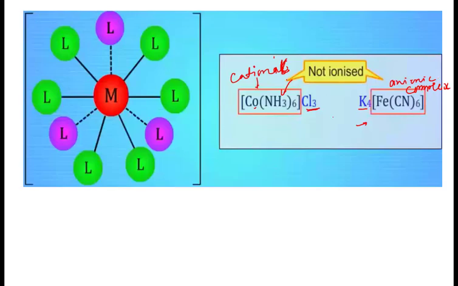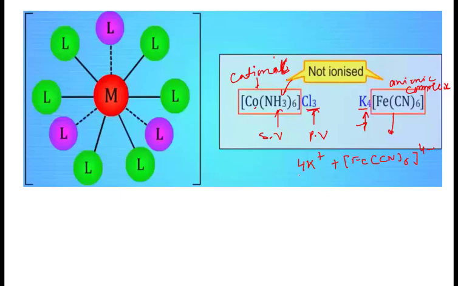right? So which one will be the primary valency? In this case, these 3 Cl negative ions, after dissociation they will constitute primary valency, and the 6 NH3 will constitute secondary valencies. In the same manner in this complex, K4 is the ionizable part, or this species will dissociate as 4K positive plus [Fe(CN)6] 4 negative, right?